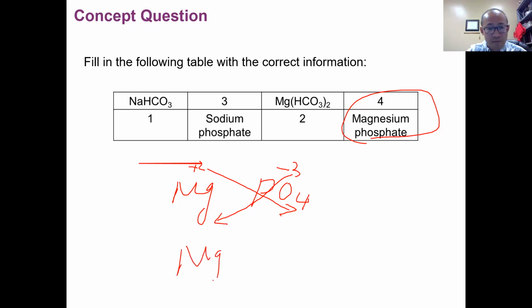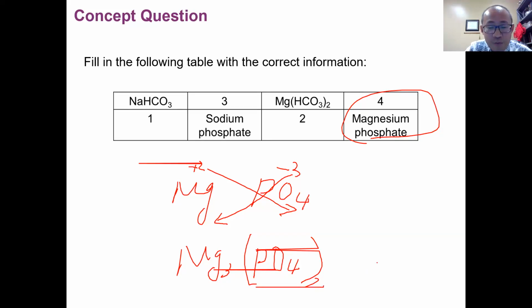So we get Mg3(PO4)2. Now you need parentheses because the phosphate has a subscript too. That's the formula for magnesium phosphate.